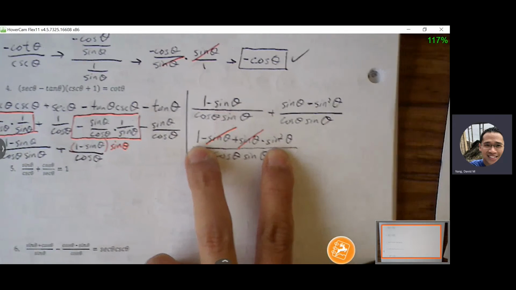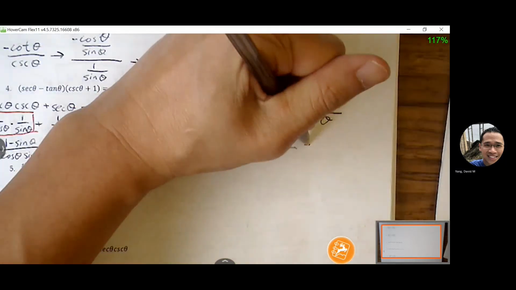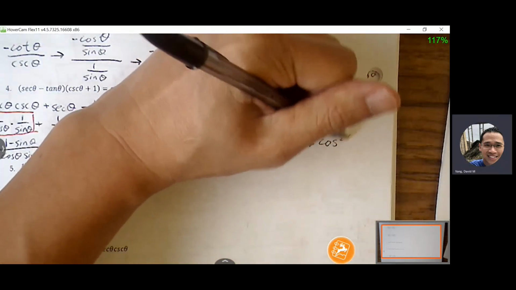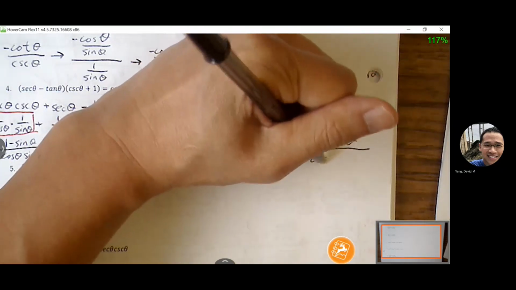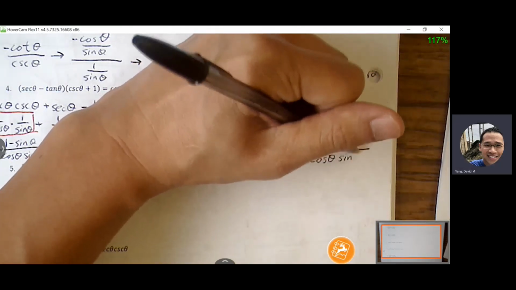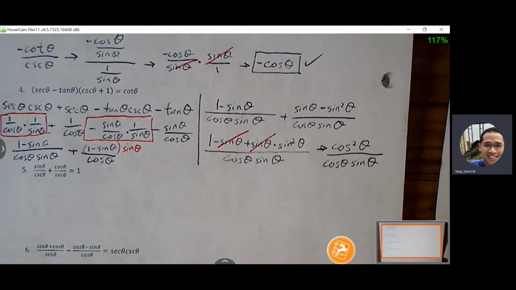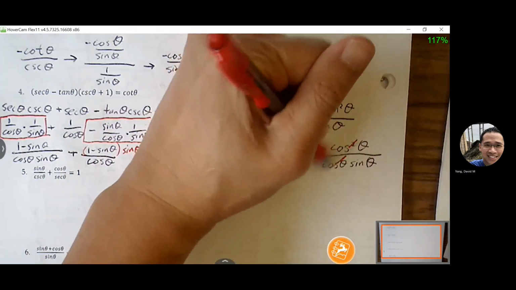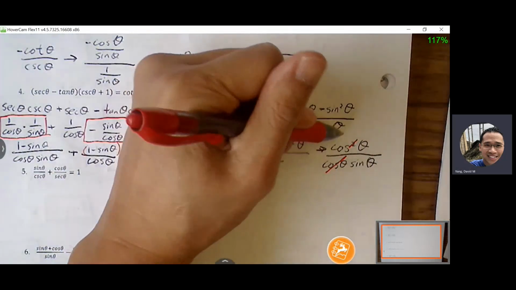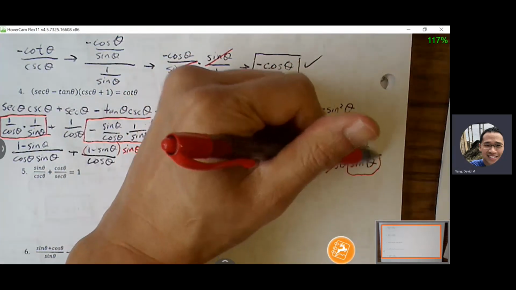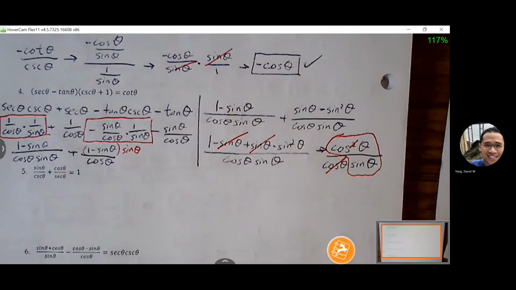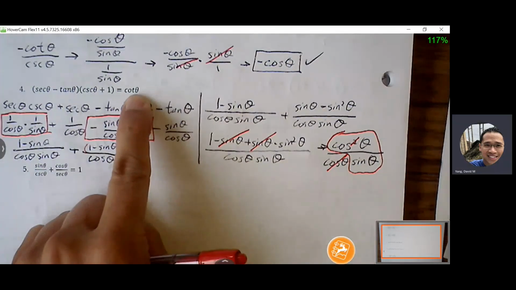Yep, make it what? Cosine squared. Okay, are we getting close? Any other cleanups you can do? And then we're left with cosine over sine, which is what? Yeah, there's our end.